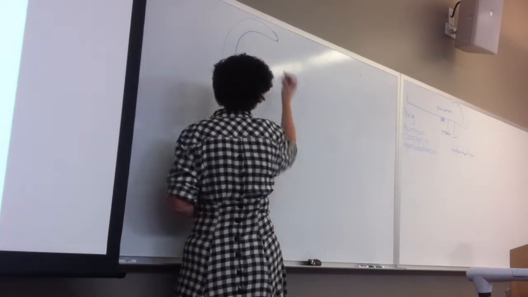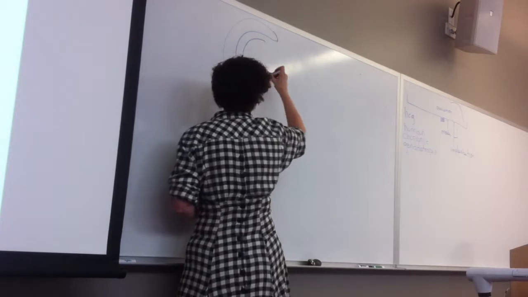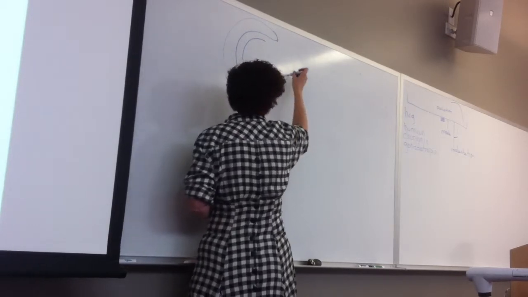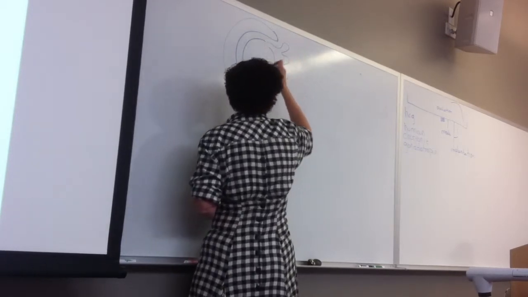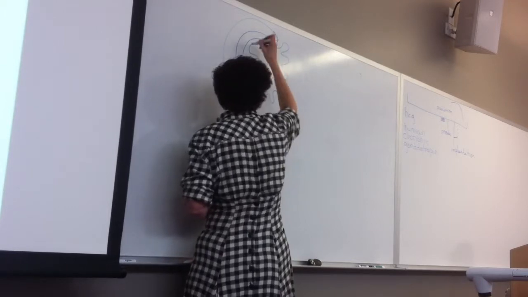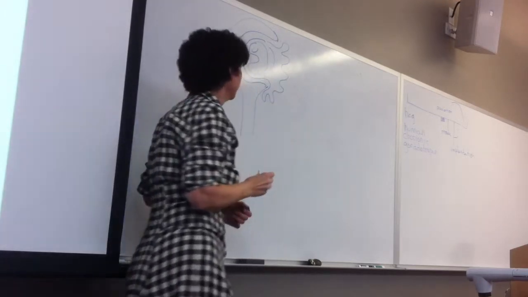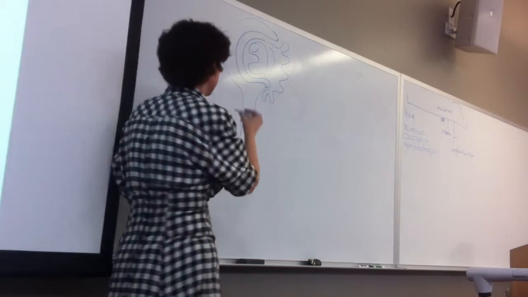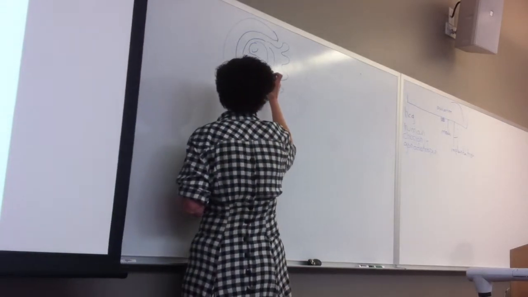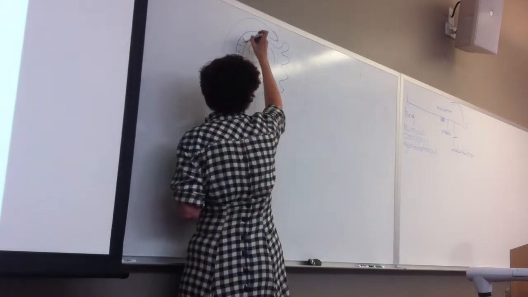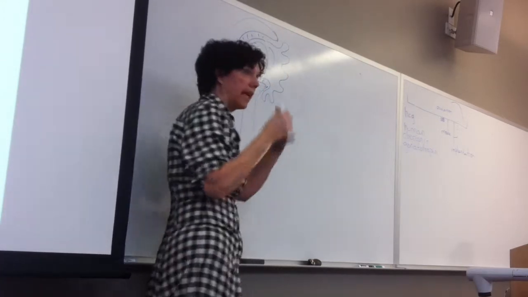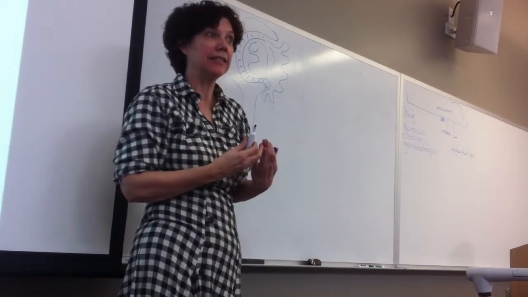So it's always within the stratum functionalis. So this space here was that original uterine cavity. Right?